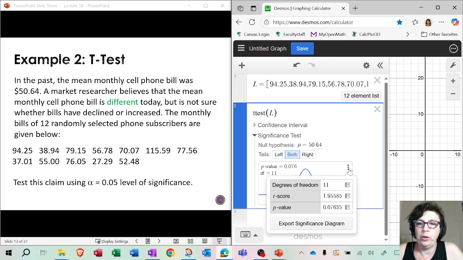So when you click on the three dots, you can see your t-score, or the t-test statistic, whatever. This one is not that large, and it's definitely not an outlier. Remember, outliers are anything larger than 3. In this case, it's not quite that easy because it's a t-distribution, but whatever. Look at the p-value. That's really all you have to know.